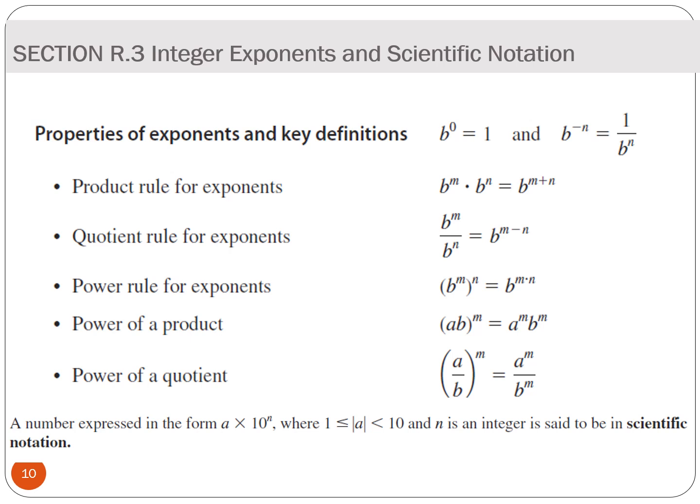N is an integer and could be positive, negative, or 0. Whenever you take a number and write it in this format, this is called scientific notation. This is the other topic that we will look at, which relates to powers or exponents.